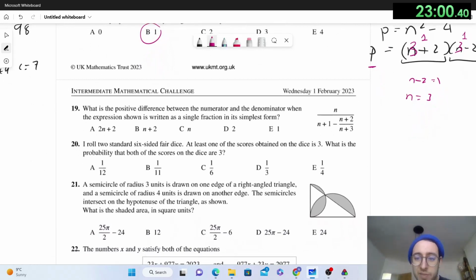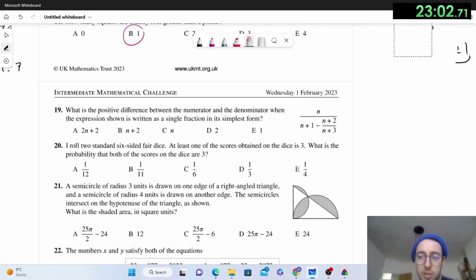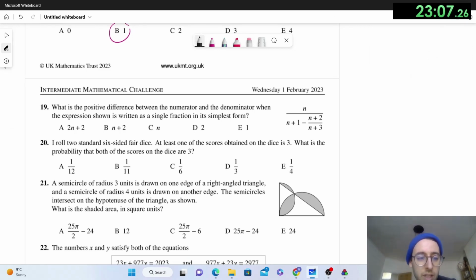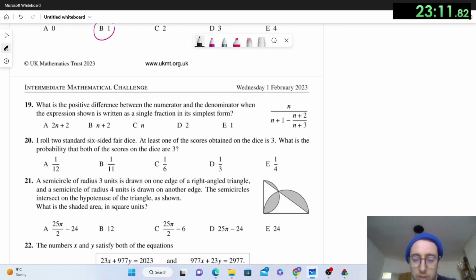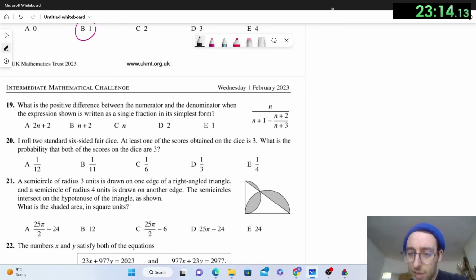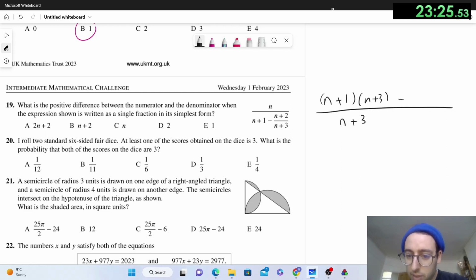That's pretty cool. What is the positive difference between the numerator and the denominator when the expression shown is written as a single fraction in its simplest form? Oh god, okay. Let's do the bottom. N minus 1 times n plus 3 over n plus 3 minus n plus 2.